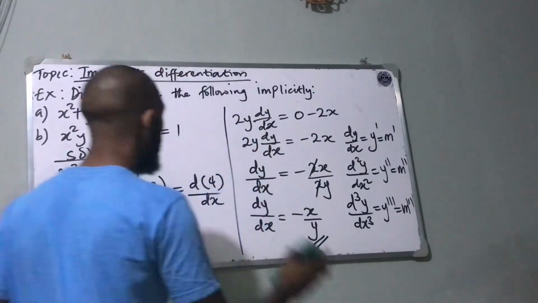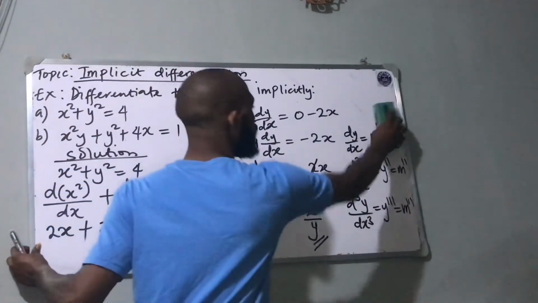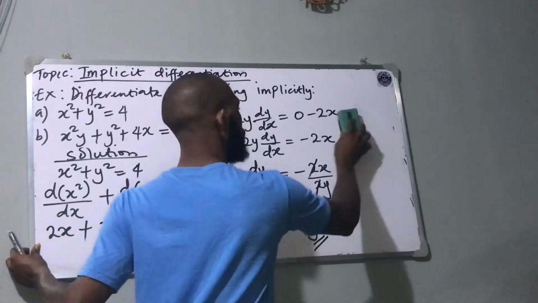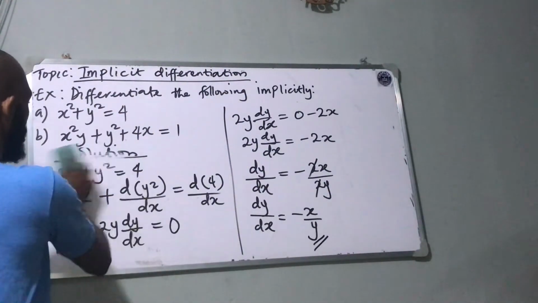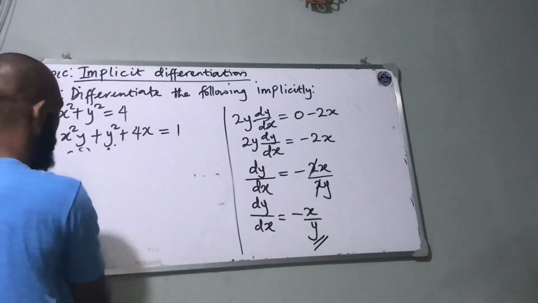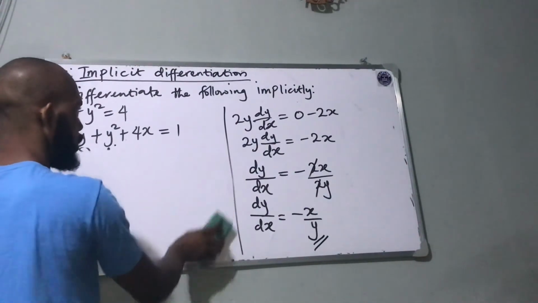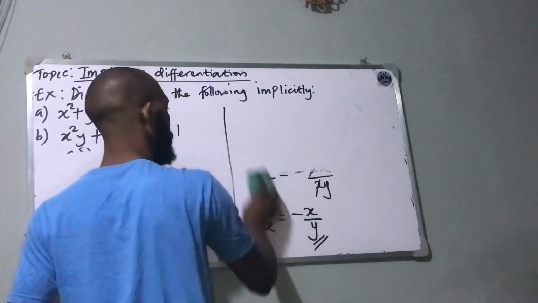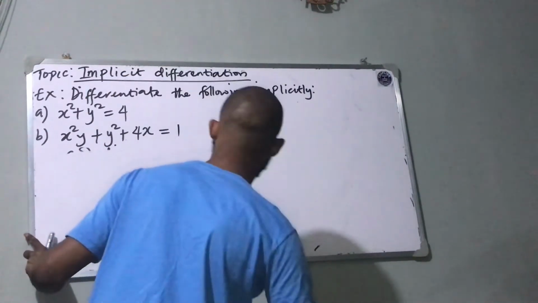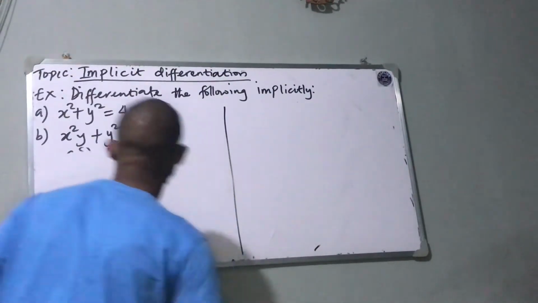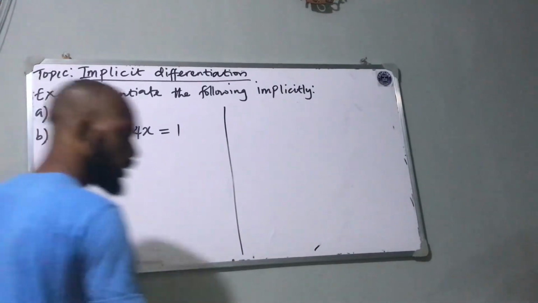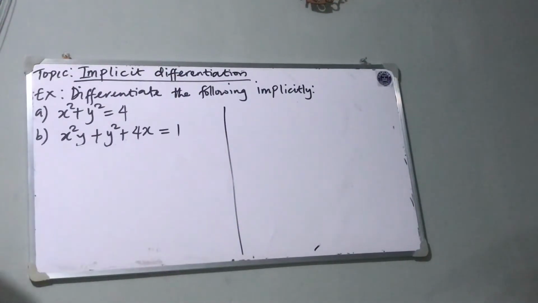Now let's see how we can do justice to the second one. For the second one, you are asked to also differentiate this. This is also an implicit function.